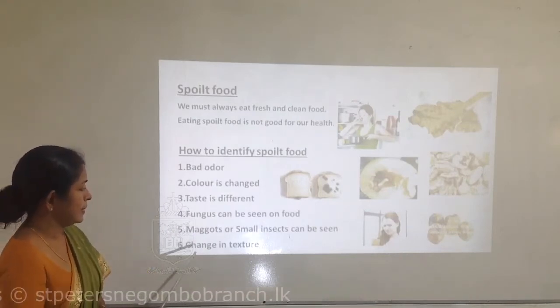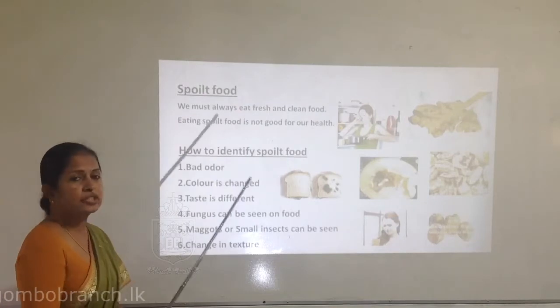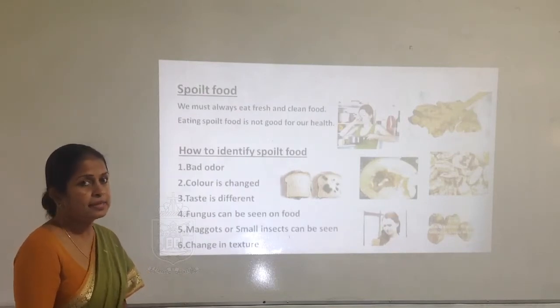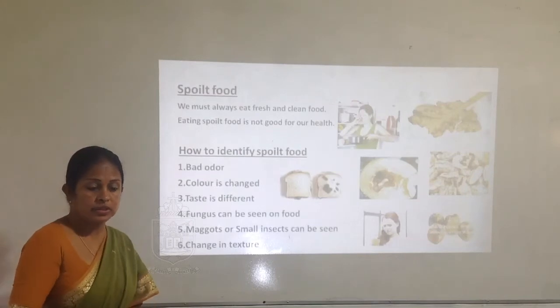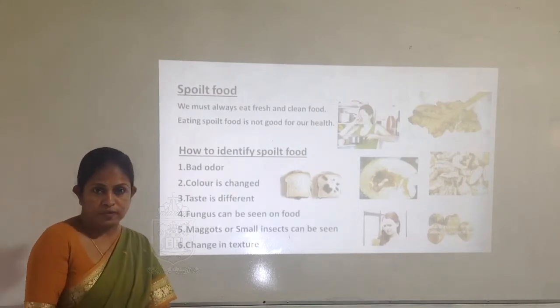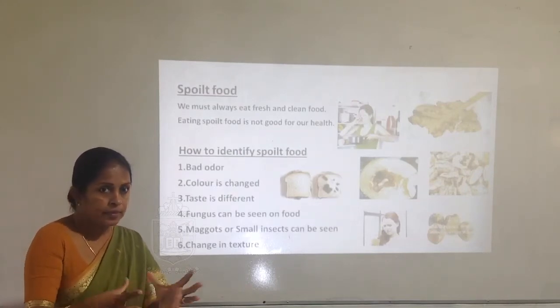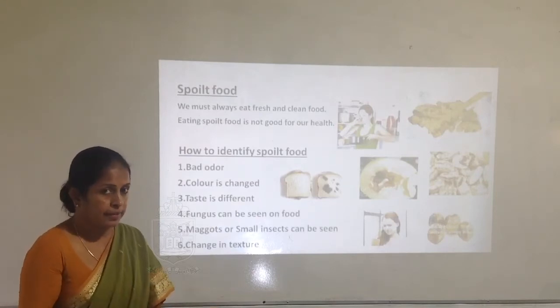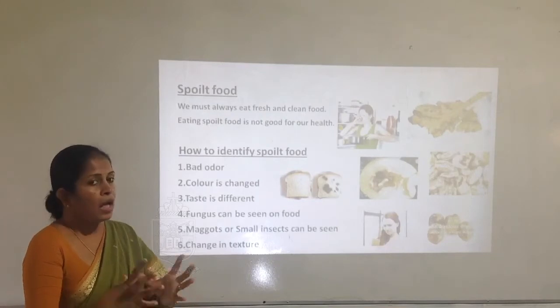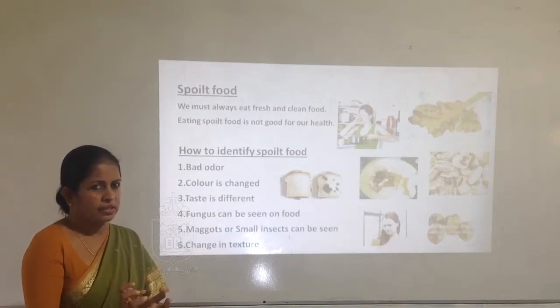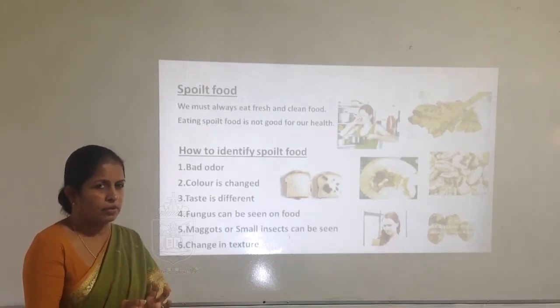And last is change in texture. What is the texture? The outlook of the food, the appearance, the shape and everything. If it is changed, like this apple here, it has stained and the color has gone.